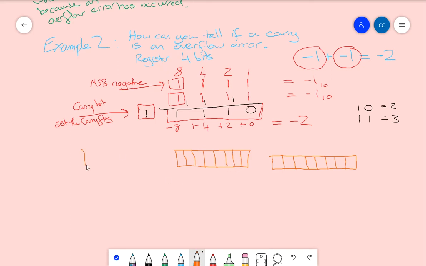So there's 3 registers to store this one number. And if you think about what we did up here, the calculation would carry on in this first register, and then any carry would be carried to the second register.